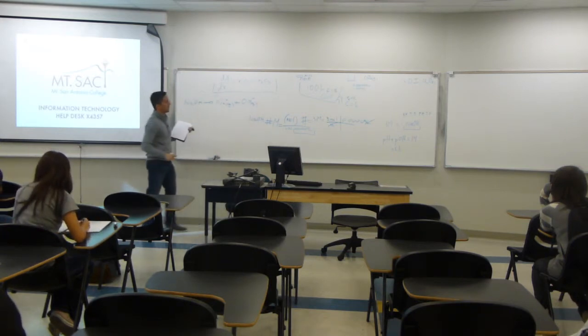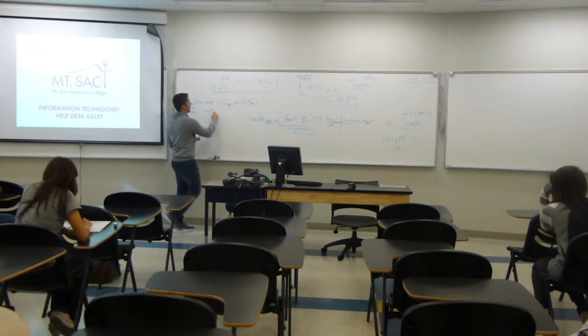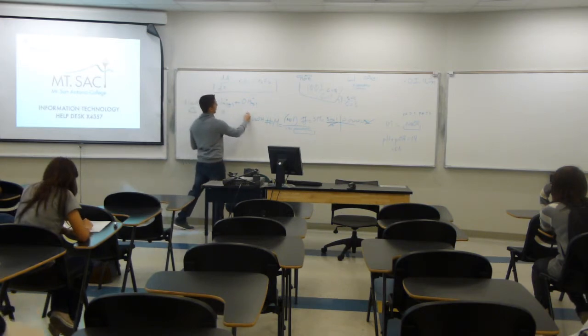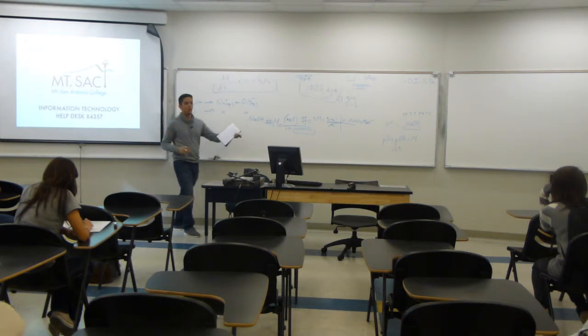So if I have the amount here, it would completely go to the amount that I have here and here. It would not go back, the solution wouldn't react backwards.